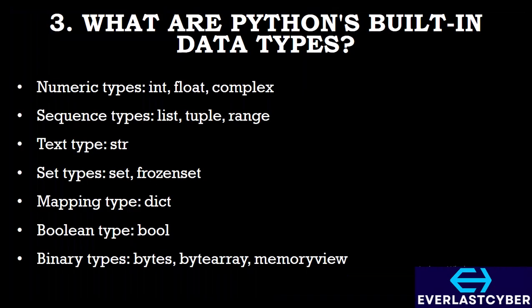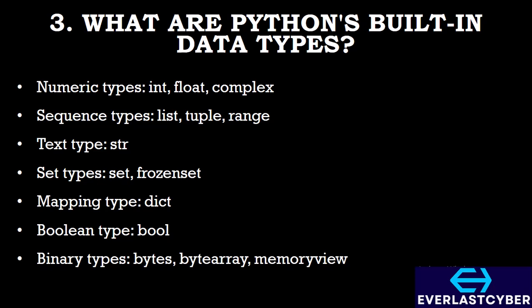Question 3. What are Python's built-in data types? There are various types of data types that Python uses. The first one is the numeric type, which involves integers, floats, and complex. Python also uses sequence types like the list, tuple, and range.